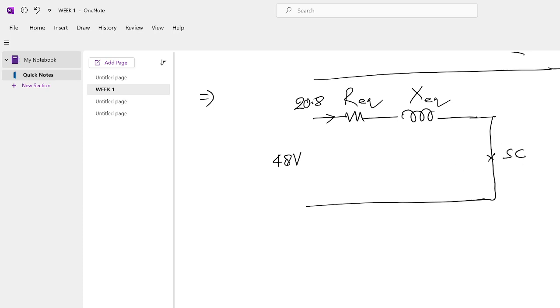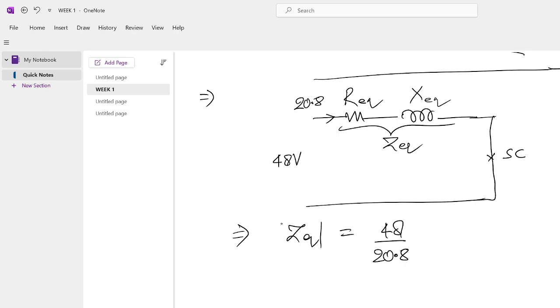So this is simply Z equivalent. Z equivalent is equal to 48 by 20.8. This is mod Z equivalent. Also, you can write that P short circuit is equal to V short circuit times I short circuit times cos phi.